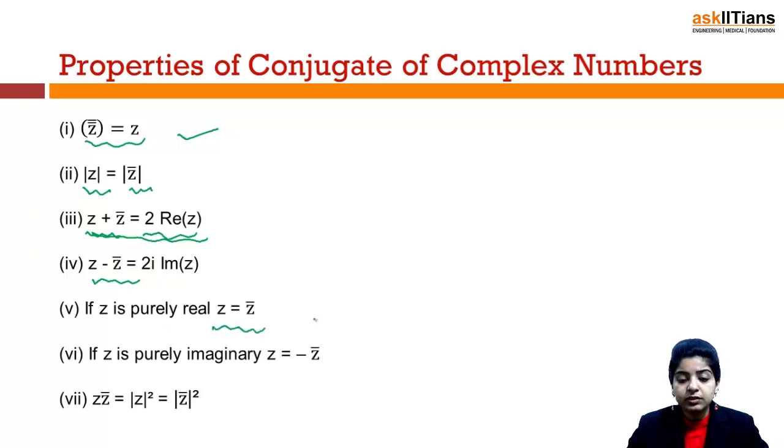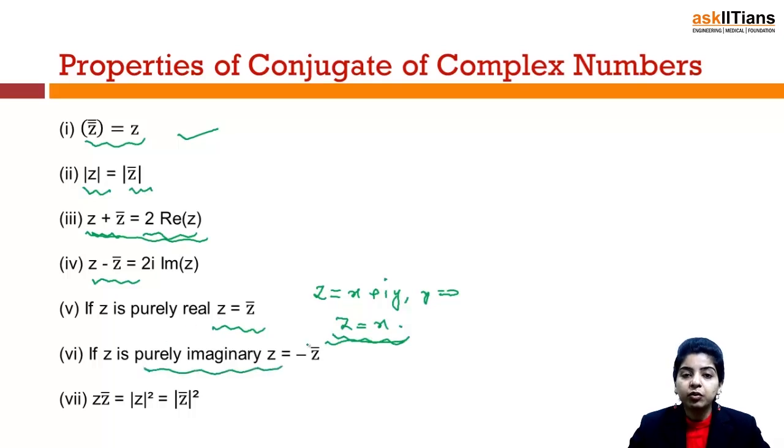This is quite obvious. If you have Z as x plus iy and Z is purely real, that means y is 0. That means Z becomes only x, and if you take its conjugate, it is x itself. So Z is equal to Z conjugate.